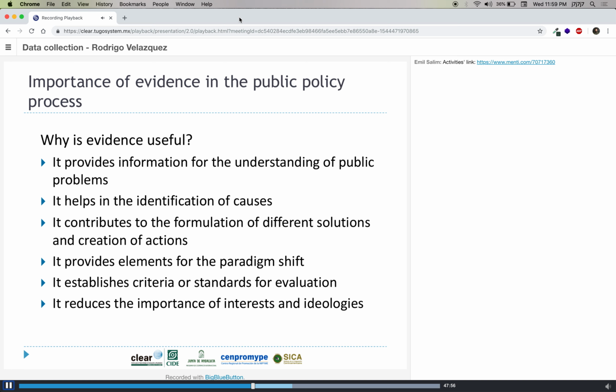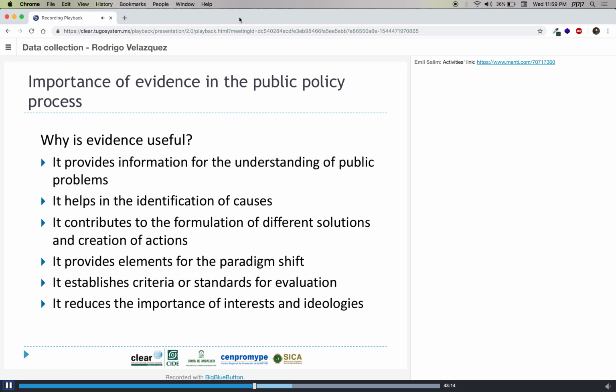So we have to collect information and data, and in this way we're going to be able to have theories of change. And in this case, we're going to identify the variables that are related. So that's why it is very important to include evidence.